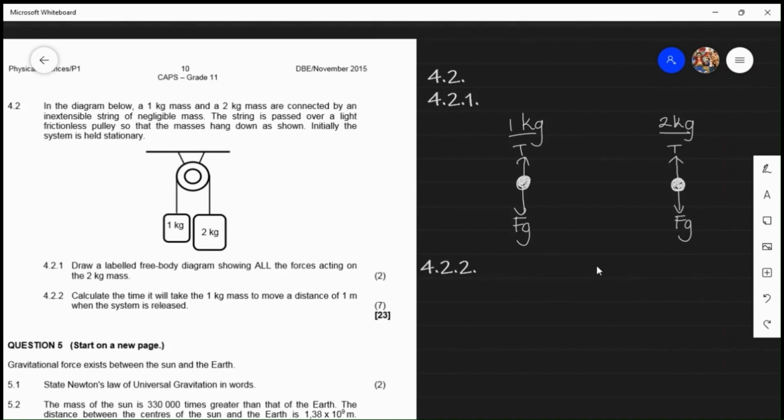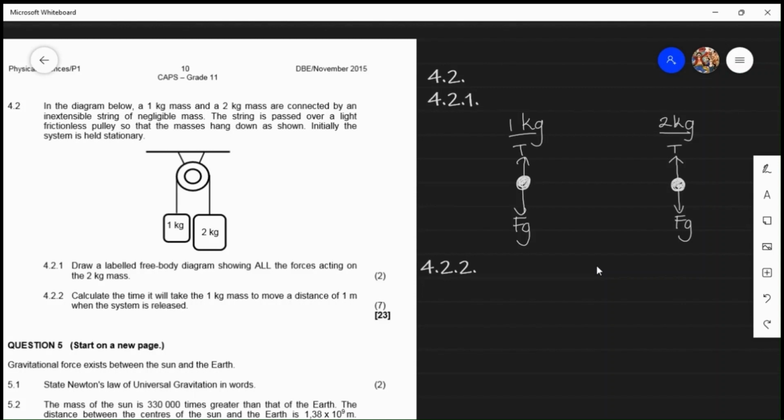So our next question is question 4.2.2. Calculate the time it will take the 1 kg mass to move a distance of 1 meter when the system is released. When the system is released, because the 2 kg mass has a greater mass, it will have a greater gravitational force as compared to the 1 kg mass.